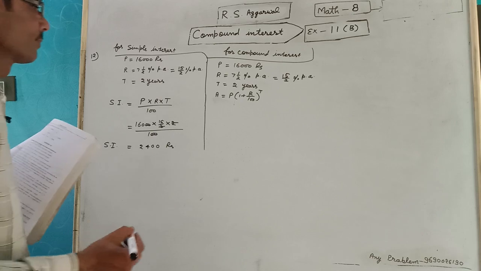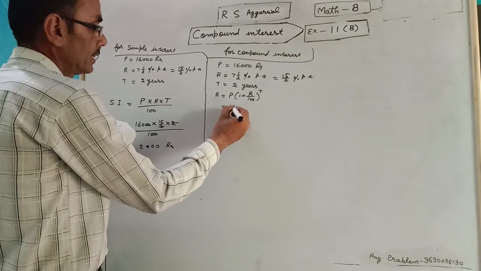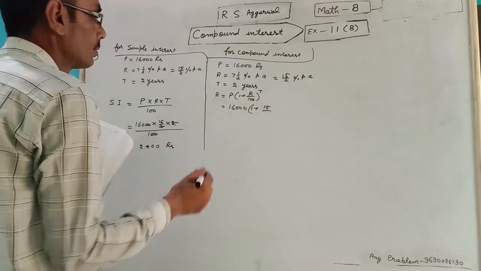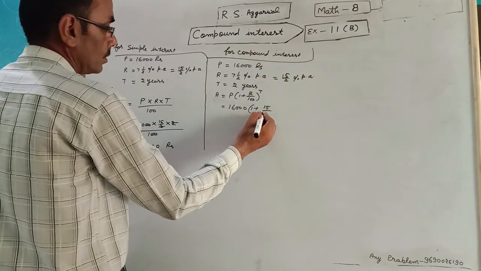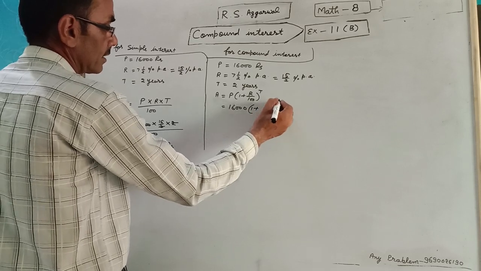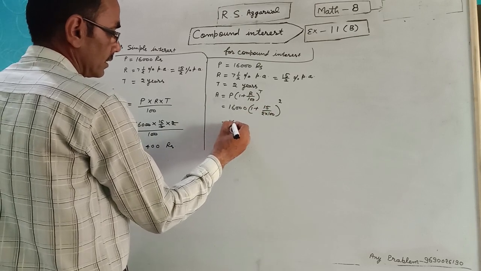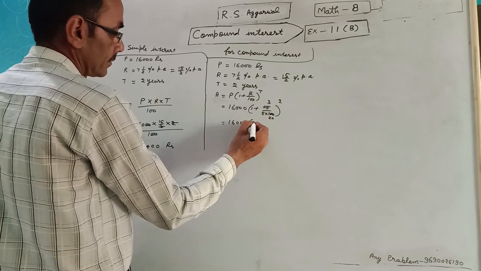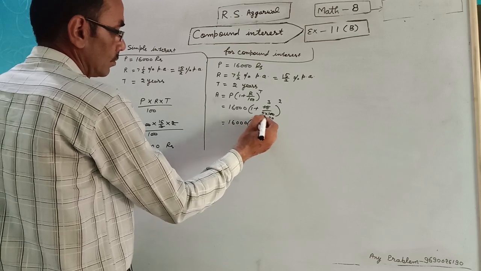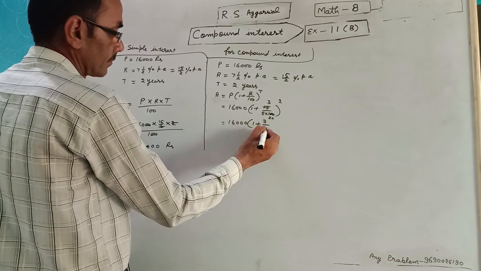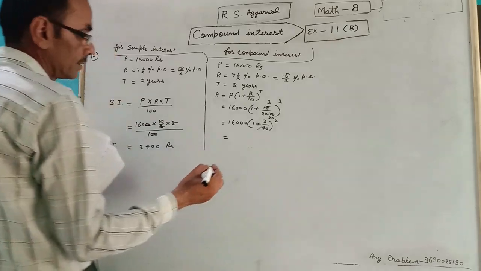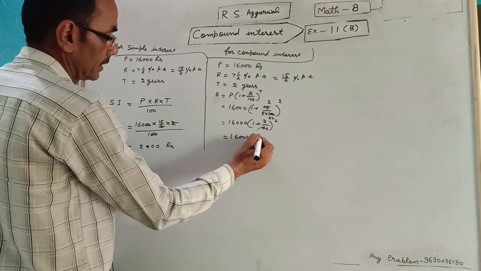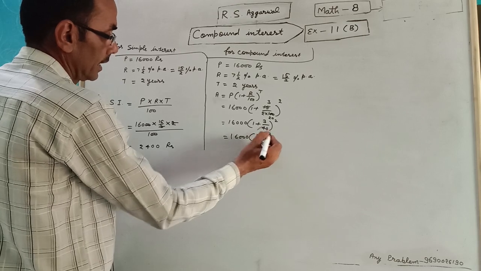P is equal to 16,000, 1 plus 15 upon 2 over 100, power is 2. 16,000, 1 plus 3 upon 40, power is 2. 16,000, 40 plus 3 is 43 upon 40 as power 2.